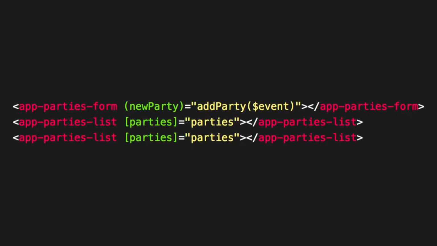But this change isn't really necessary for those parties lists unless we have new parties that we're passing into it. So if I'm just typing into the parties form, I don't need to redraw the parties list until the user hits enter and we create a new party.